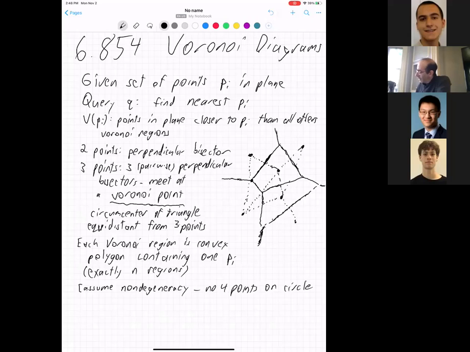And that's going to tell me that each Voronoi point is the intersection of exactly 3 of these perpendicular bisectors.